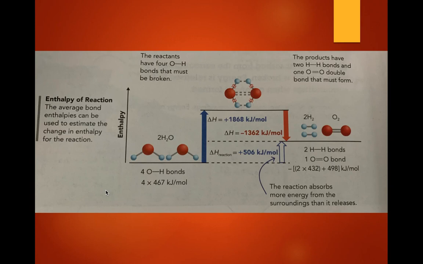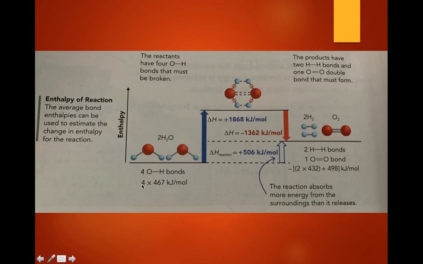If we look at our enthalpy diagram, each molecule of water includes 2 oxygen-hydrogen bonds, right? So we have that oxygen-hydrogen bond here, and we also have one here. Since we have 2 molecules, overall that's 4. So we're going to multiply the enthalpy of breaking that one bond by 4 because we have 4 bonds.